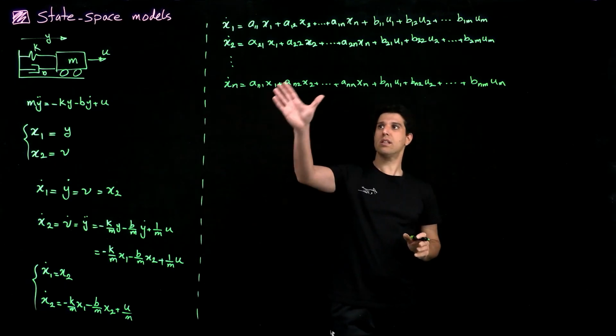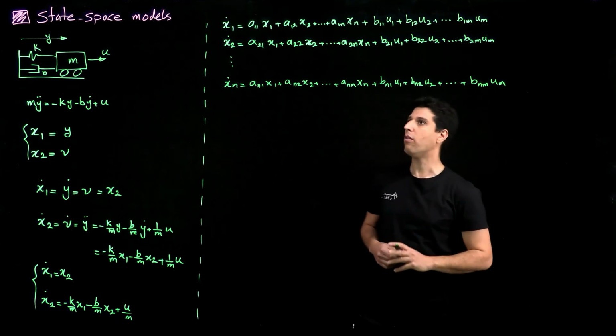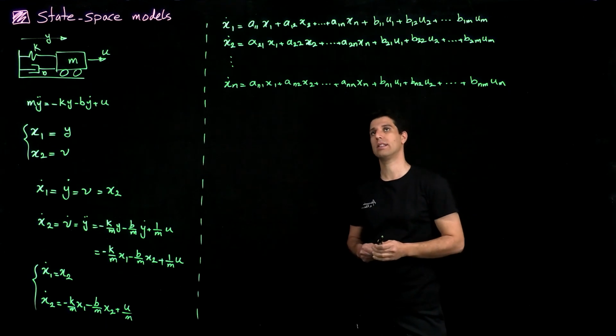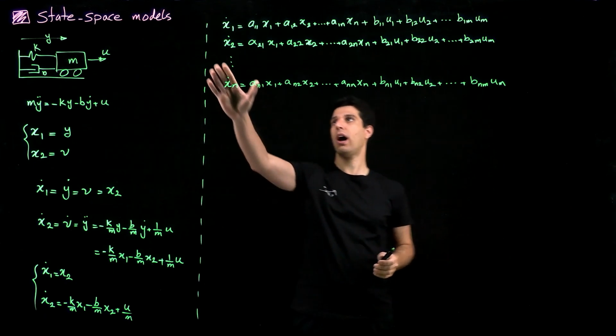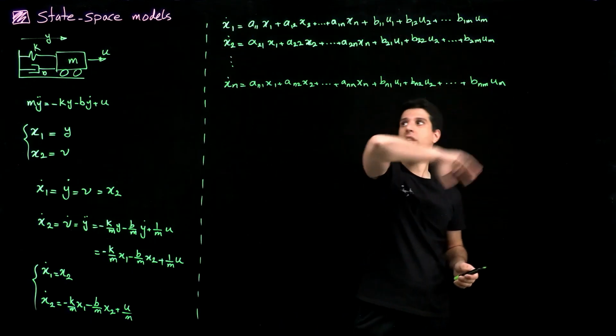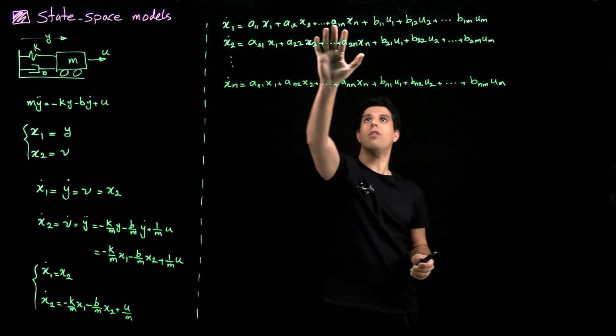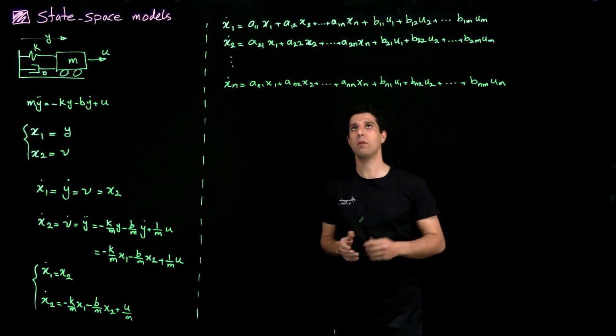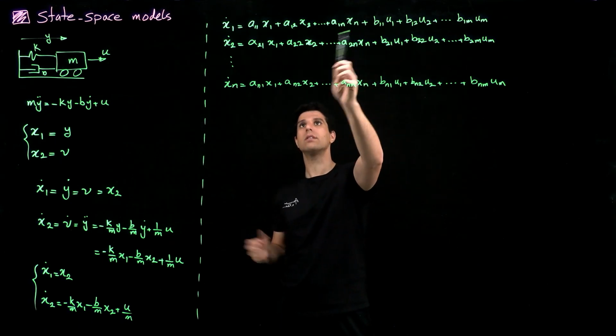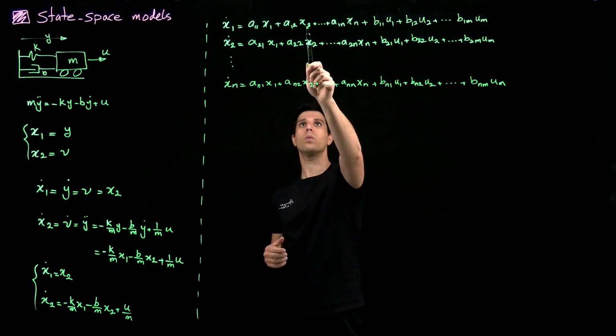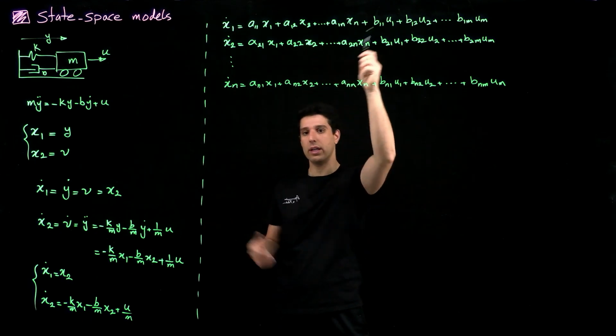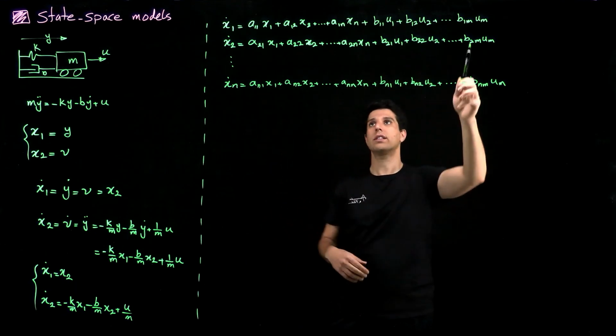So this is the most general form of a linear state space equation, with each equation representing the derivative of one state. And remember, we are dealing with linear equations, so we will not have multiplications of x1 and x2 or x's and u's.